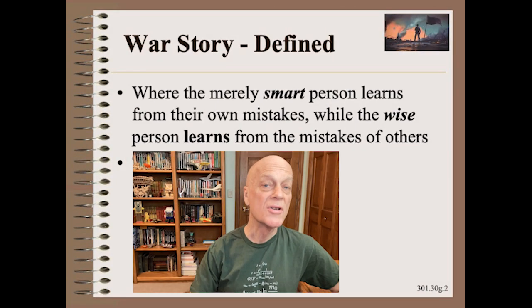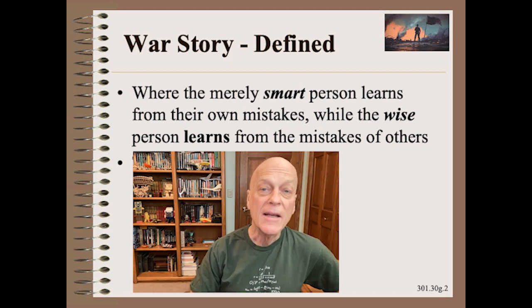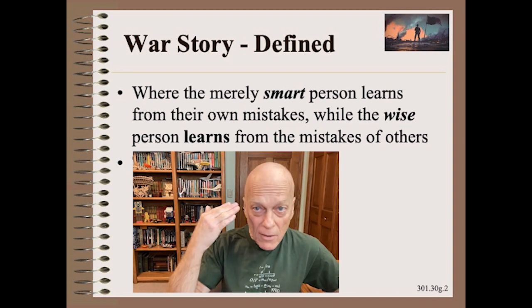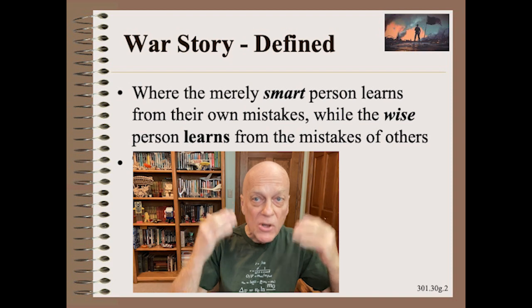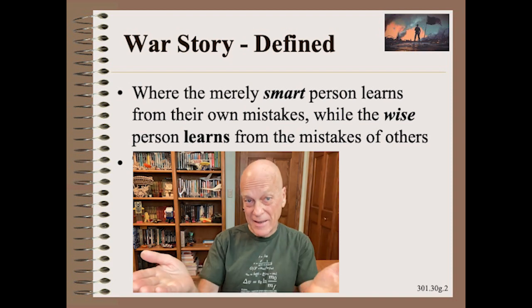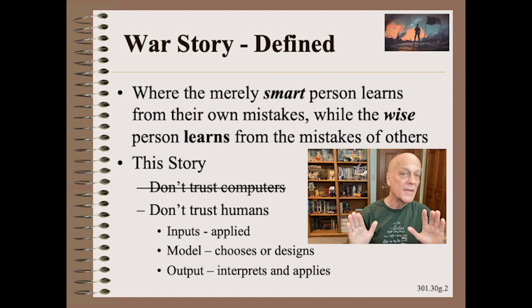Recall that a war story is a memorable personal experience that we might learn from. We are guided by the saying that a smart person learns from their own mistakes, but the wise person learns from the mistakes of others. In this engineering story, we might learn, yet again, not to trust computers.